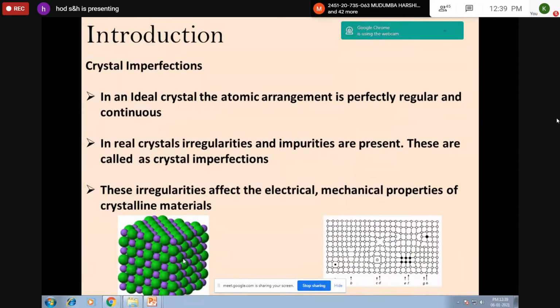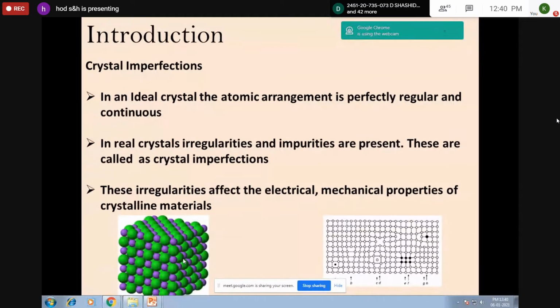So, in an ideal crystal, what we have discussed with the unit cell and the lattice parameters, all of that is by taking a symmetric pattern, such that the arrangement of atoms is perfect. But in real crystals, at least in some areas and in some directions, there are certain irregularities or deviations. And these are called crystal imperfections, and they influence properties of crystalline materials like electrical, mechanical, magnetic, and structural properties.